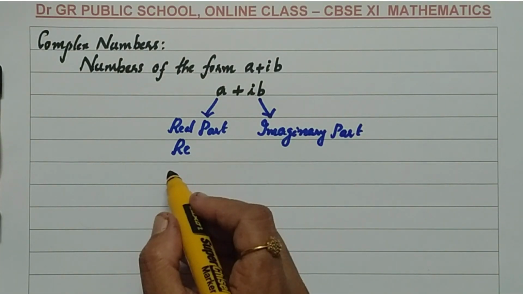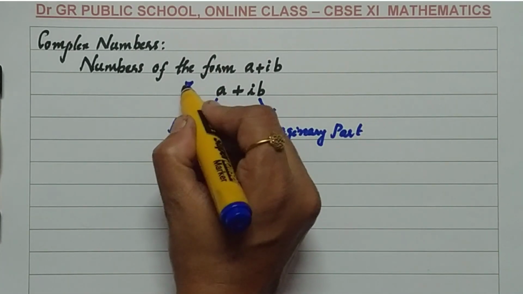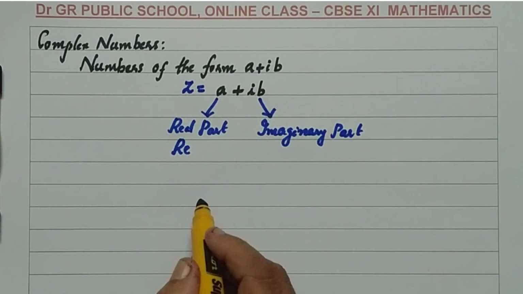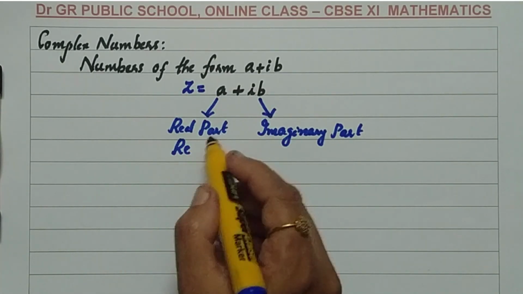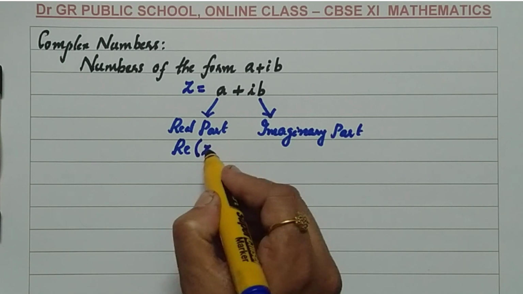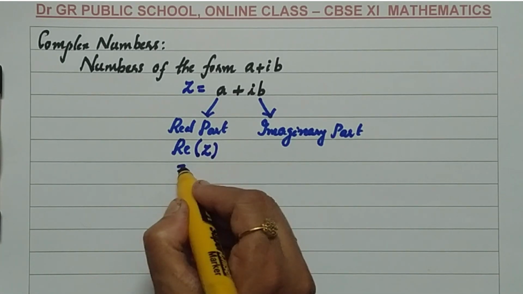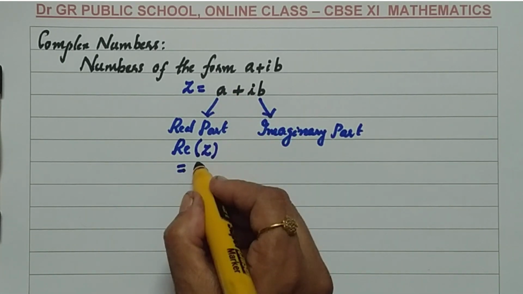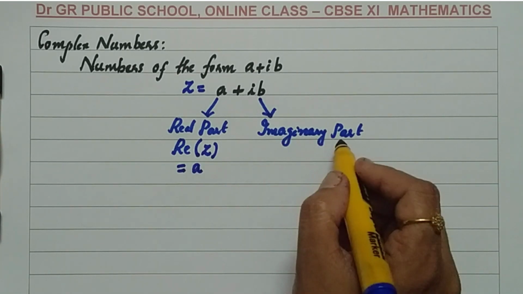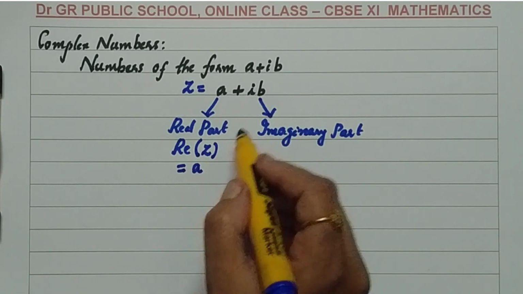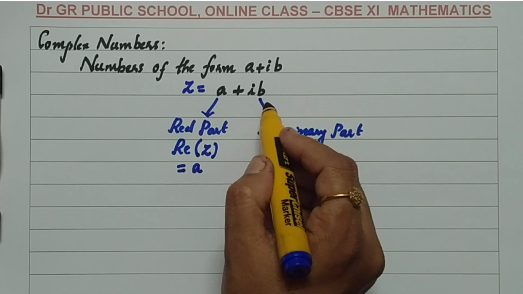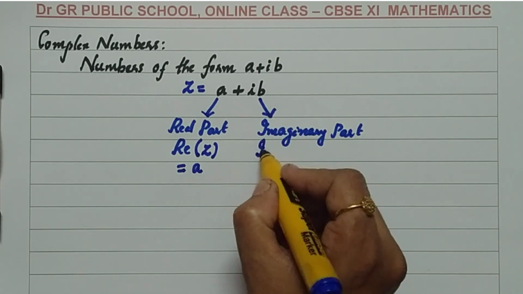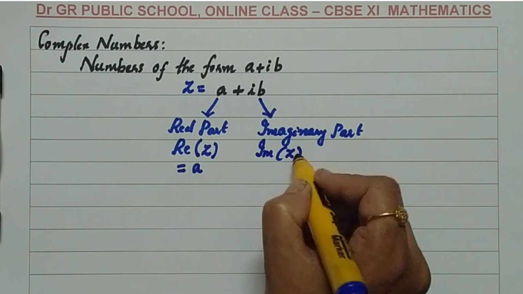Usually complex numbers are denoted by the letter z. So, if z equals a plus ib, then the real part of z is a alone. And the imaginary part is the part which comes along with the number i or iota. So, the imaginary part of z equals b.